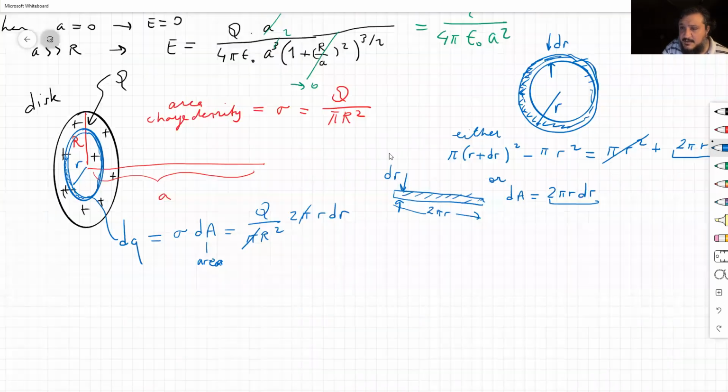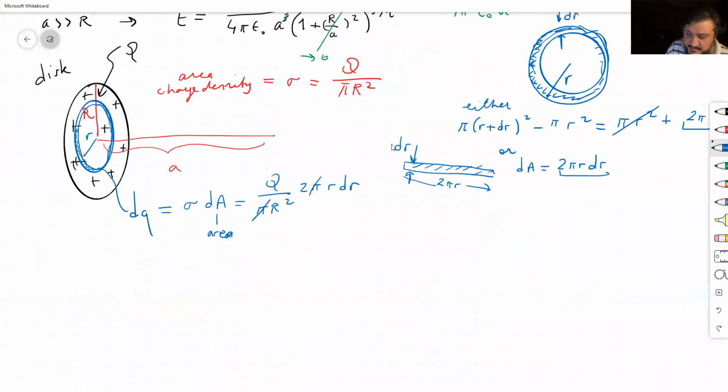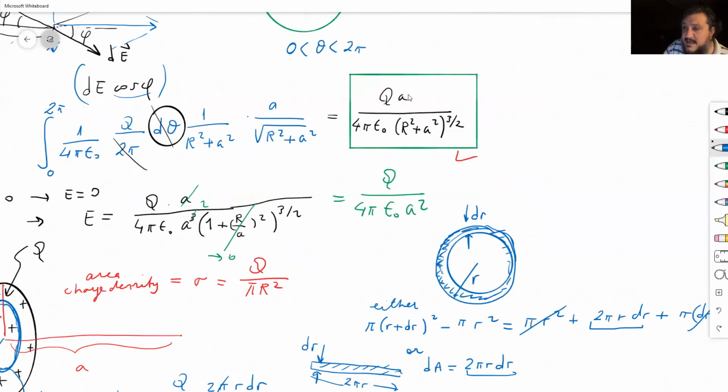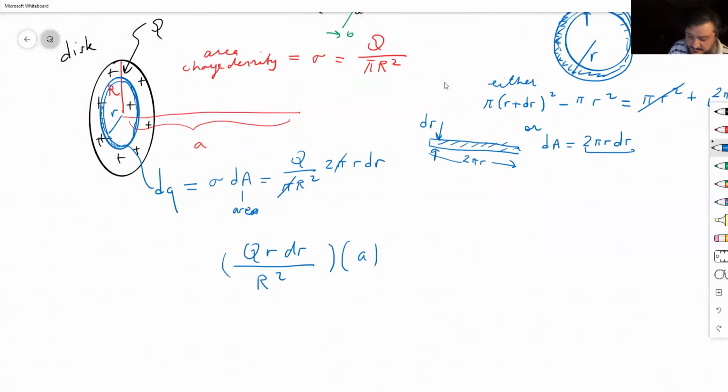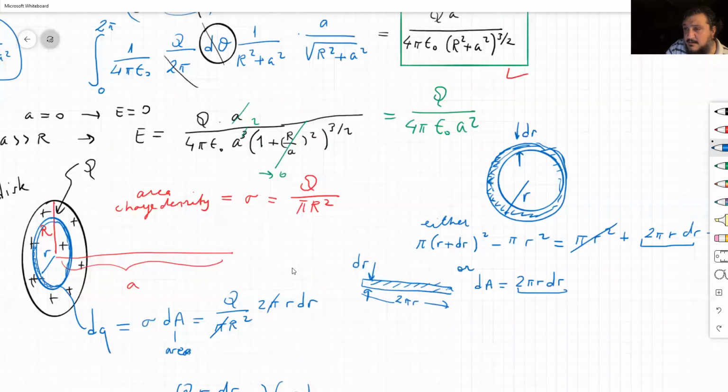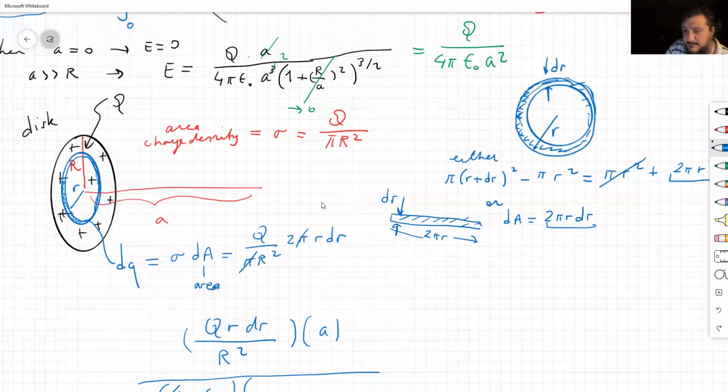So instead of Q, I'm going to use Q r dr over R squared, that's dq, times a divided by 4 pi epsilon 0 times (r squared plus a squared) to the power 3/2.